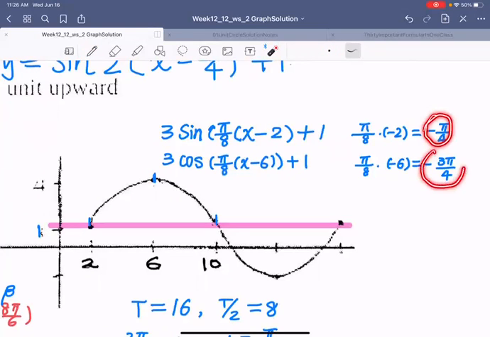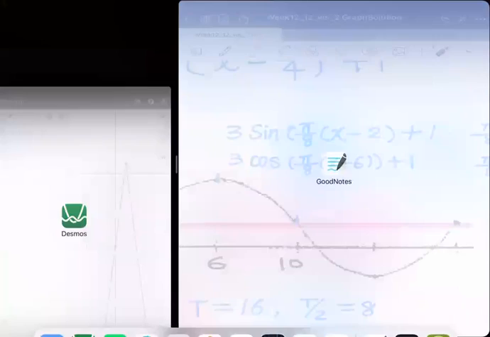Between these two, it has a difference of pi over 2. As long as you have two angles that have a difference of pi over 2, or 3 pi over 2, you can make their value equal because sine and cosine are cofunctions. As long as you pick the correct spot for the sine and also for the cosine, these two will be identical.